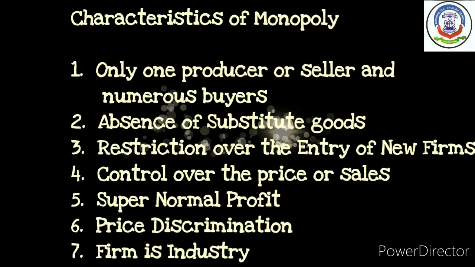Fourth, control over the price or sales. To gain maximum profits, the seller controls the supply of the production, but the seller cannot control both the price and the sales of the products. To sell fewer units of products, the firm sets higher prices, while to sell more units, the firm must set lower prices.